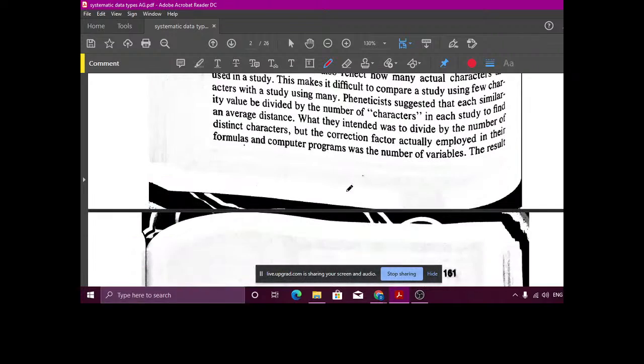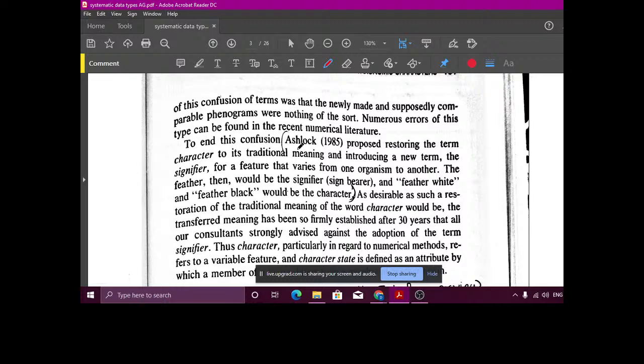So to solve this problem, Ashlock in 1985 proposed restoring the term character to its traditional meaning, that is, either black character or white character, and introduced a new term known as signifier for a feature that varies from one organism to another. The feather then would be the signifier or sign bearer, and the white feather and the black feather would be the character.